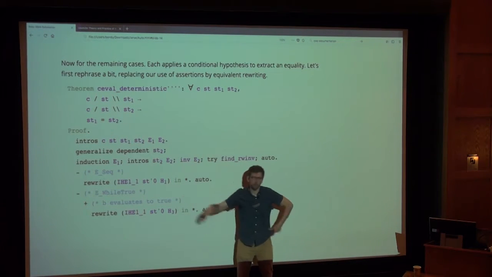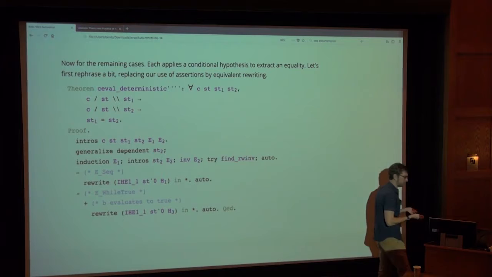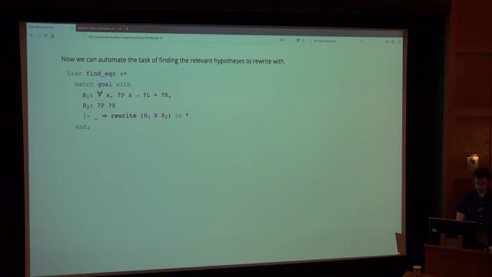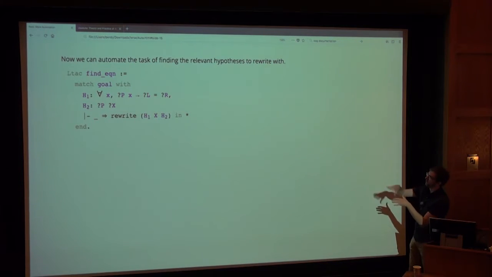Well, we could have just fully applied these inductive hypotheses and rewritten with them right away, which is what we do on this next slide. So it's a bit of an adaptation, not too important. The reason we did that is that now we can reuse this Ltac match goal statement to automate this process as well.